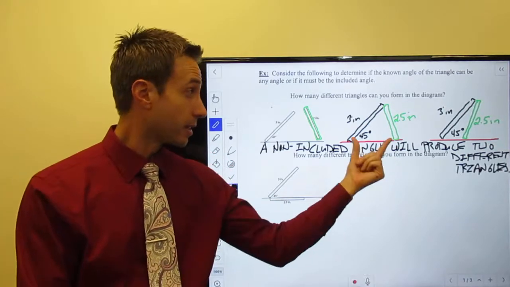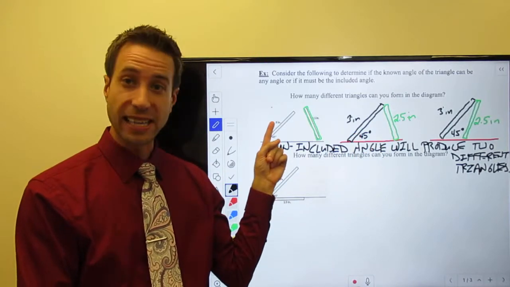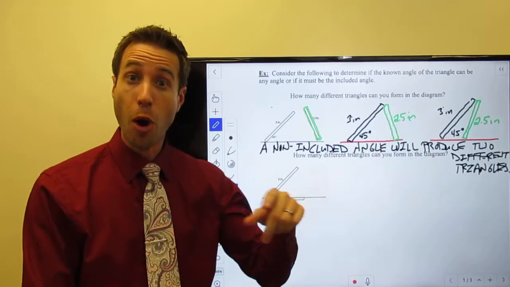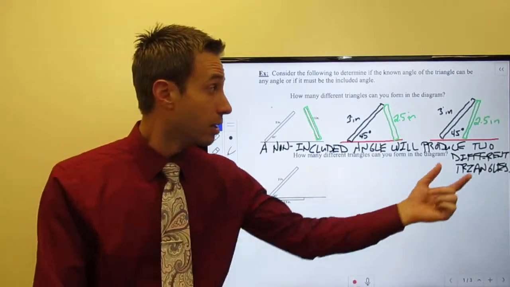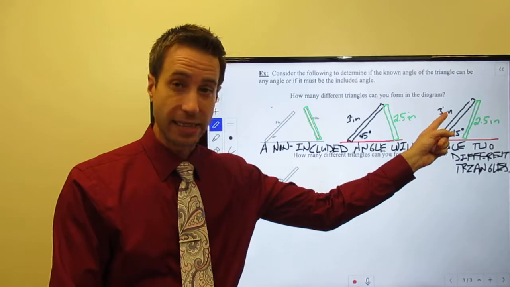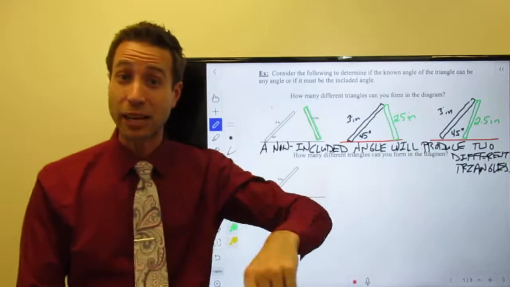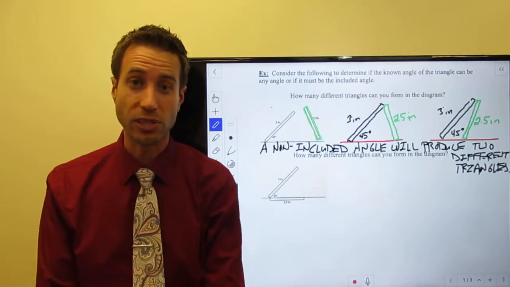I could get this one with a side length of 3 and a side length of 2.5 with a 45-degree angle. But I could also get this one with a side length of 3, a side length of 2.5, and a 45-degree angle. That's when the angle is not included between the two sides.